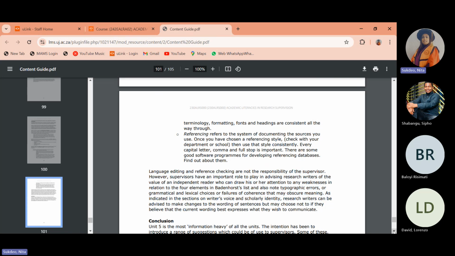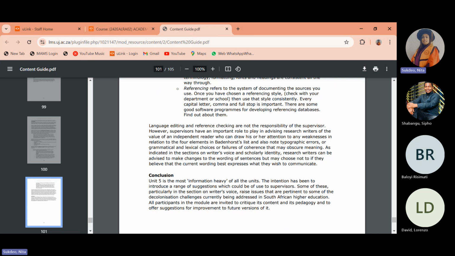So it's guiding the student. What I generally do with my students when they're ready with their first draft, it's not a final draft, I sit with them with the entire draft. I give them about 2 or 3 hours. When you're ready for submission, we sit together, whether it's online or physical, and we read through the entire document. We project it. When I was HOD, I had a projector and a TV, and it was easy to work with.